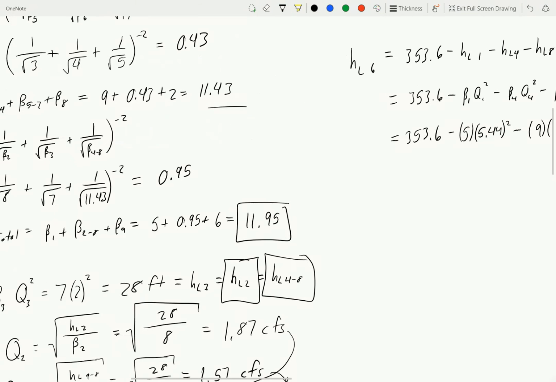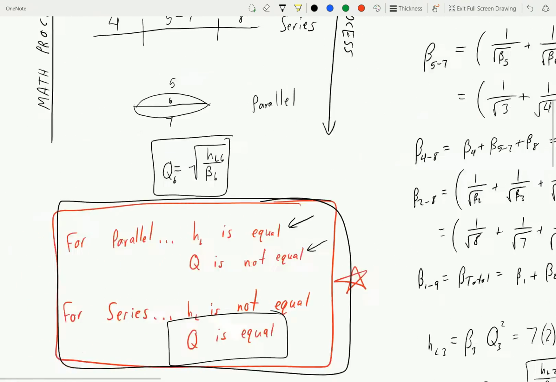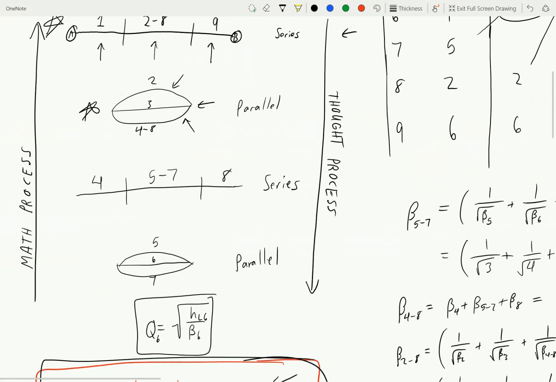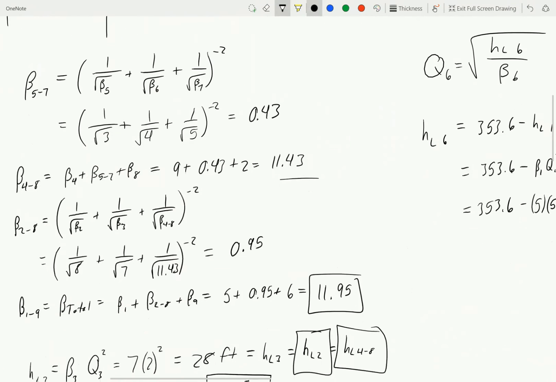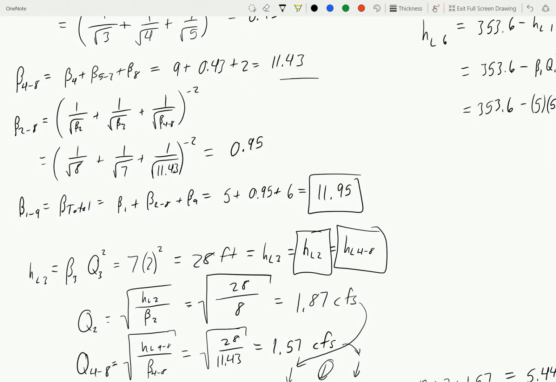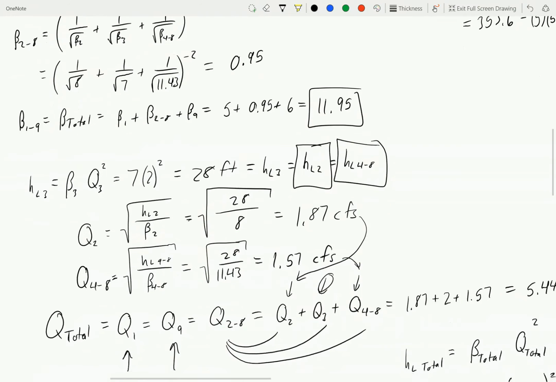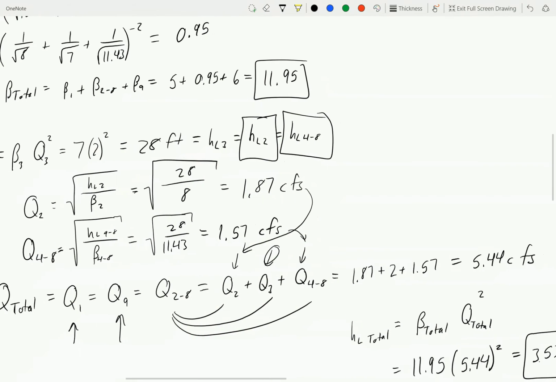And then Q4 is, if we remember, in series with, right here, it's in series with 4 and 8. And we calculated Q4 through 8 right here. So that's all the same.